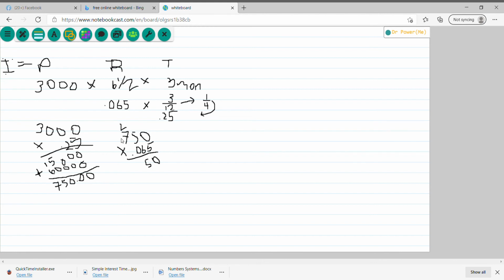And then 5 times 7 is 35 plus 2, 37. And I'll put another 0 because I'm moving into the tens place, holding that place. 6 times 0 is 0. 6 times 5 is 30. Carry my 3. 6 times 7, which is 42, plus that 3, which is 45.